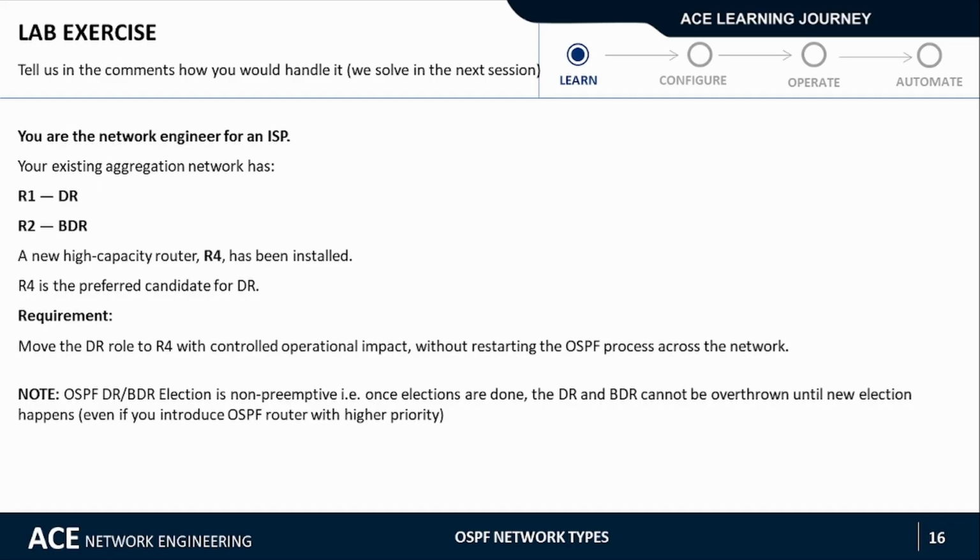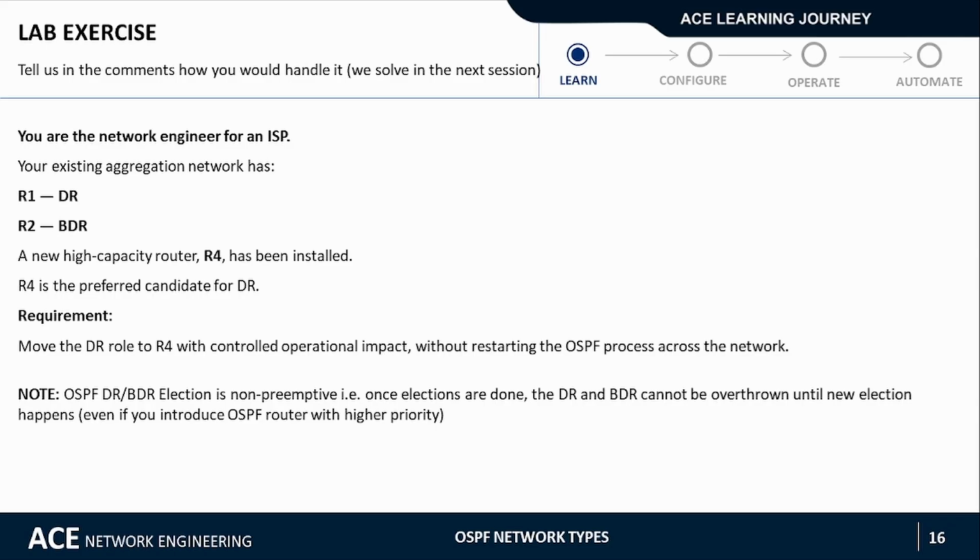So we move the DR role from R1 to R4 without restarting the OSPF process across the network. One thing you need to note is that OSPF DR election is non-preemptive. Once the elections are done, that is it. They are set in stone. Those ones will be the DR and the BDR.